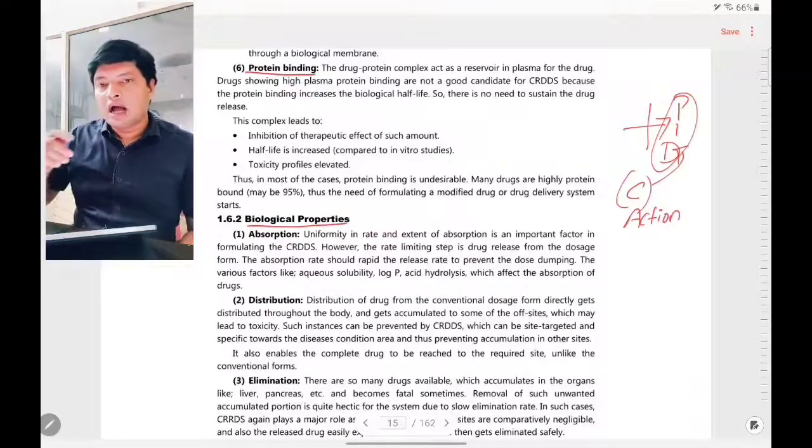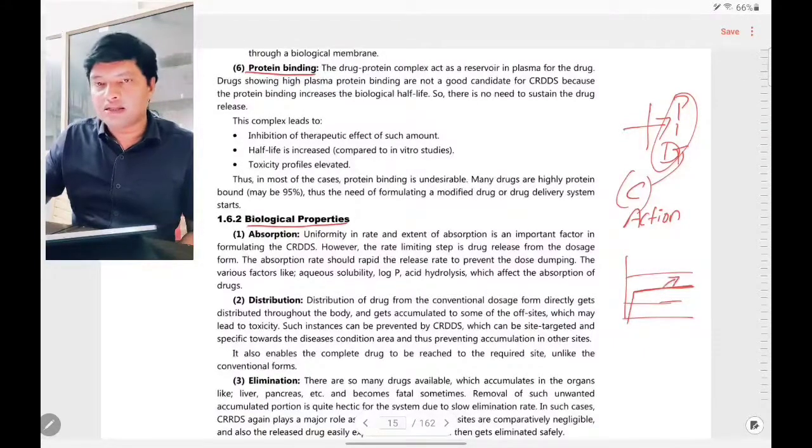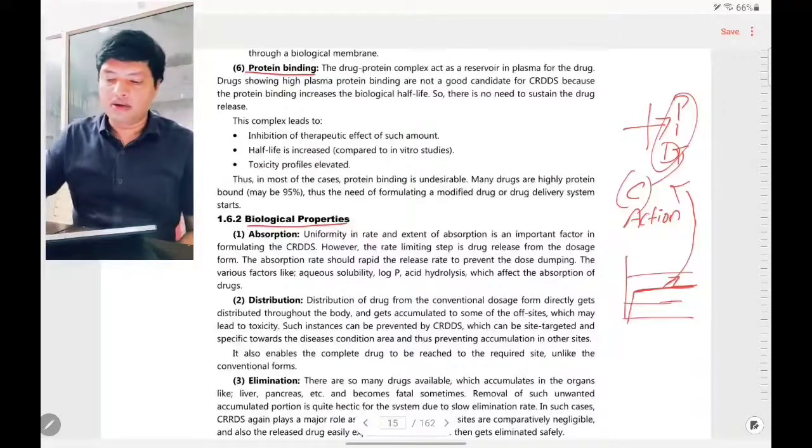What I assumed is that I prepared a dosage form with controlled release, and whatever concentration is there in the plasma will show action. But even though it has controlled release, if the drug has more protein binding, it will create a problem for me.